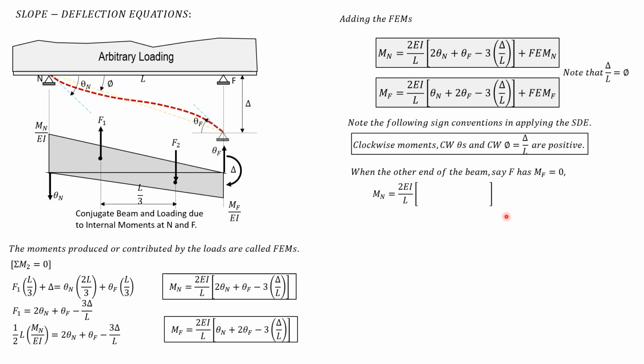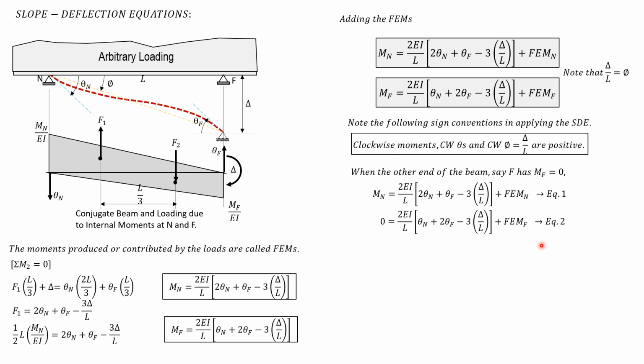So when the far end is 0, this is the formula for the near end, and we do not include the effect of the loading. This is equation 1, sorry. Then equation 2, because moment f is 0: 2EI over L, theta n plus 2 theta f minus 3 delta over L, plus fixed end moment far.